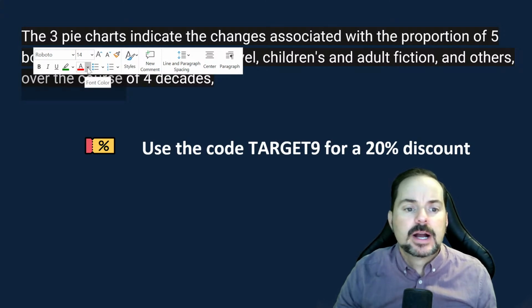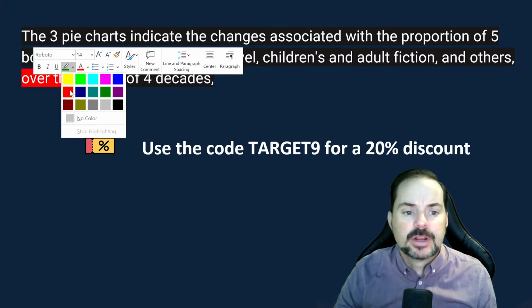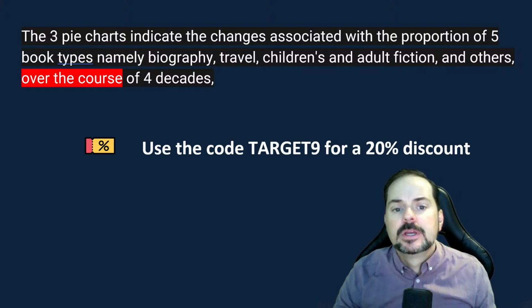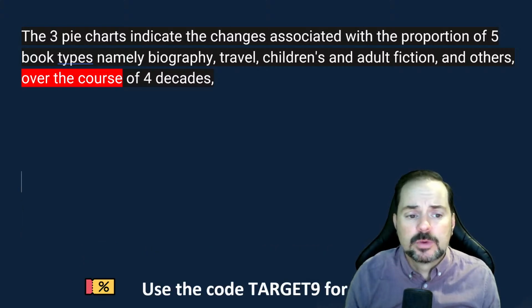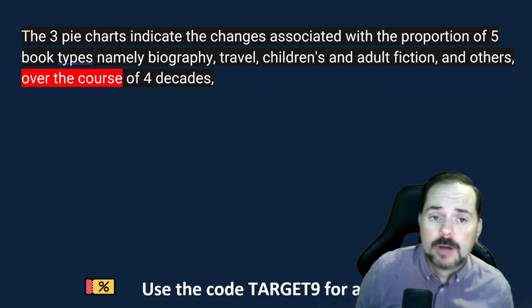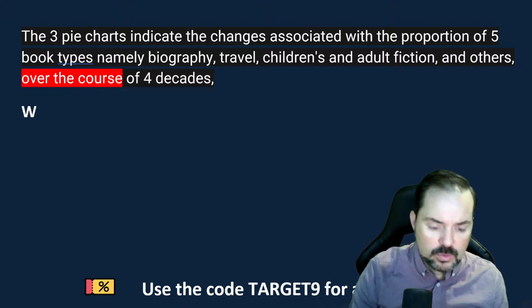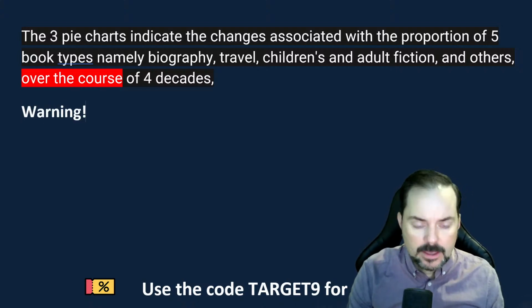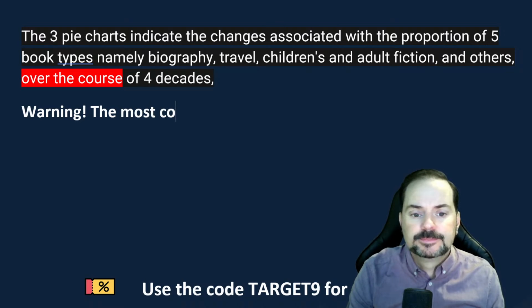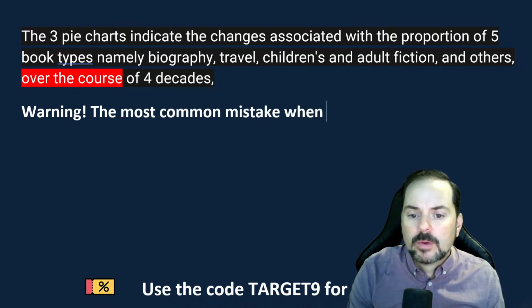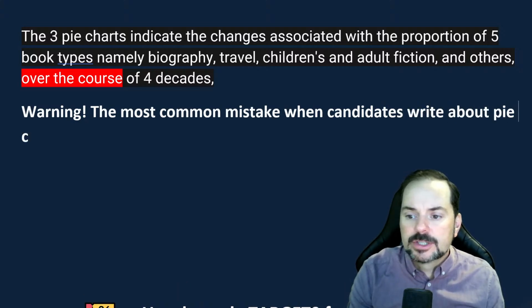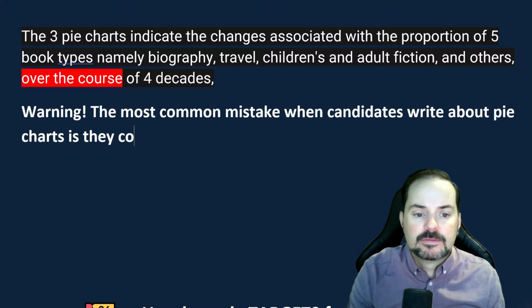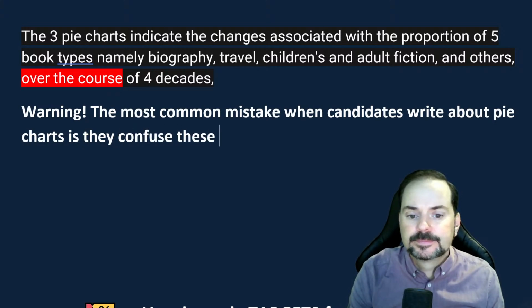I'm going to emphasize and highlight this for everyone right now. I wanted to talk about this anyway. So this is one of the biggest mistakes. It's actually the most common mistake. So this is a warning. The most common mistake when candidates write about pie charts is they confuse them with line graphs.